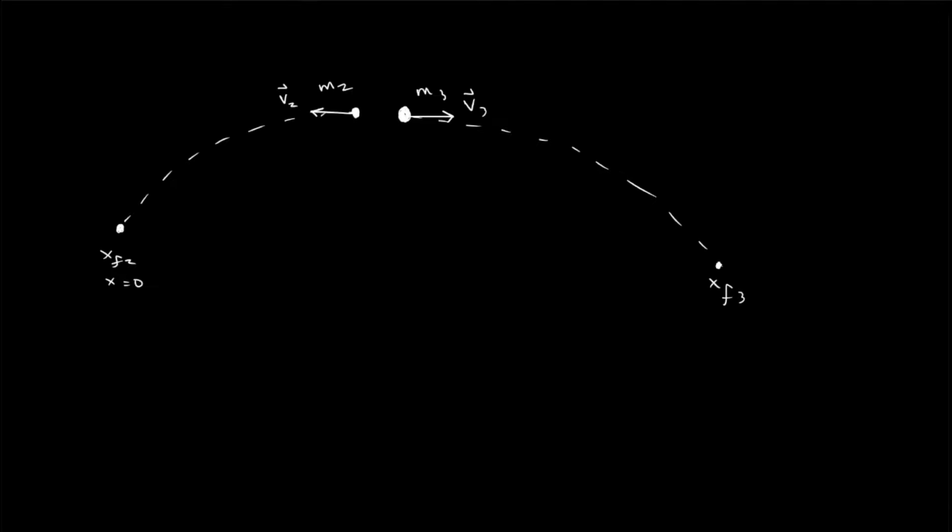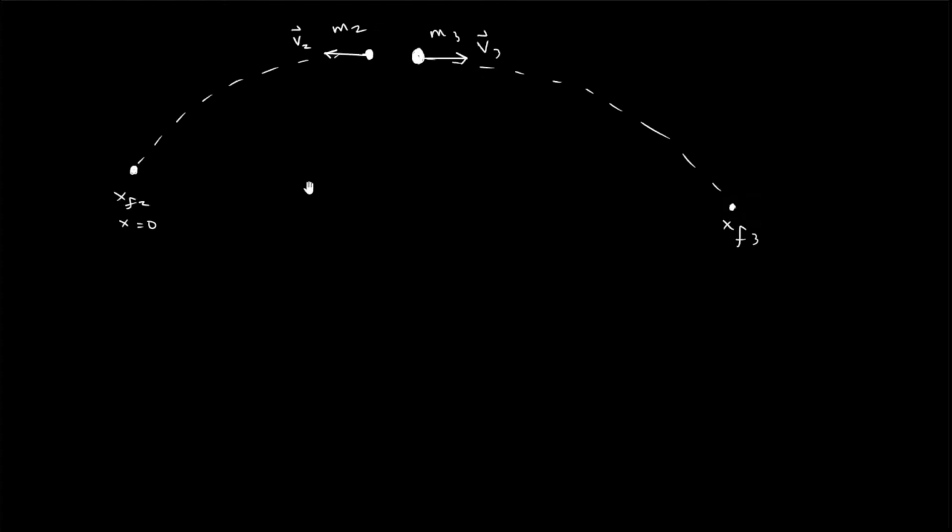Now we have two objects, or two pieces of the original object, and each piece has momentum. M2 has momentum equal to M2 v2. M3 has momentum equal to M3 v3.